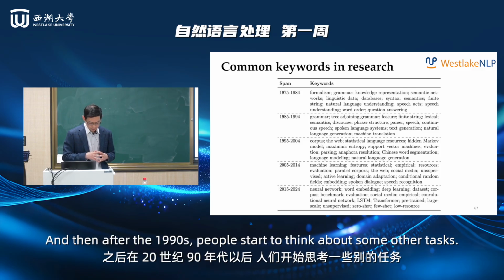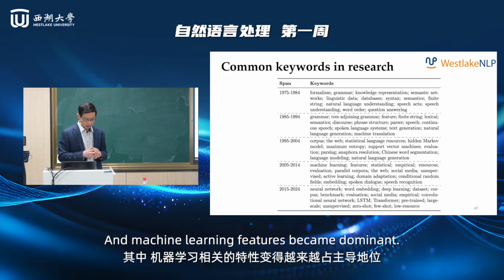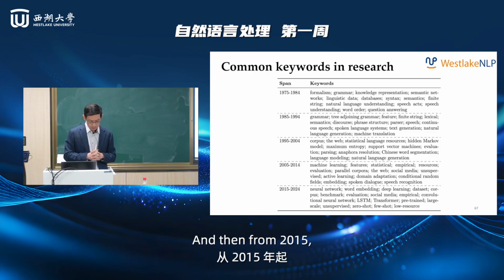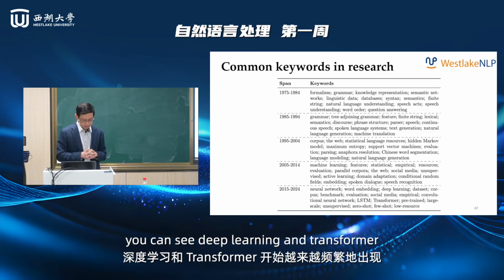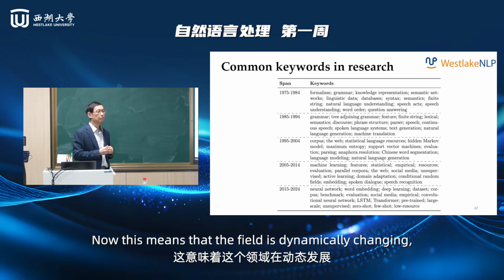And then after the 1990s, people started to think about some other tasks, and machine learning features became dominant. And then from 2015, you can see deep learning and transformer start to become more and more frequent. This means that the field is dynamically changing.